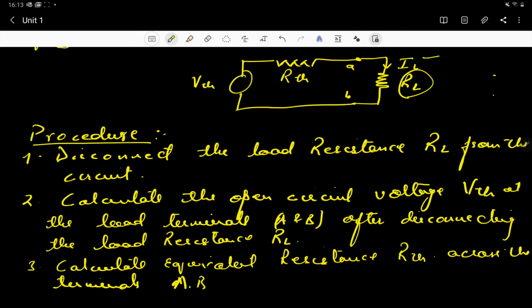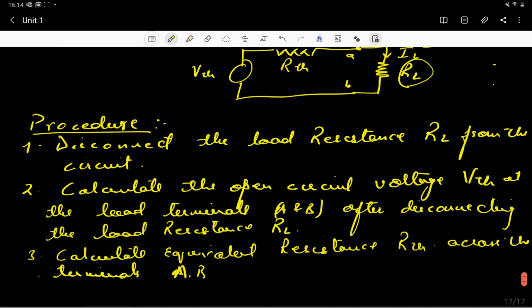Okay, across those two terminals you are going to find out the resistance with all the sources replaced by their internal resistance. With all the sources means the voltage source is given, then you are going to short circuit that, and if the current source is given, you are going to open circuit that.